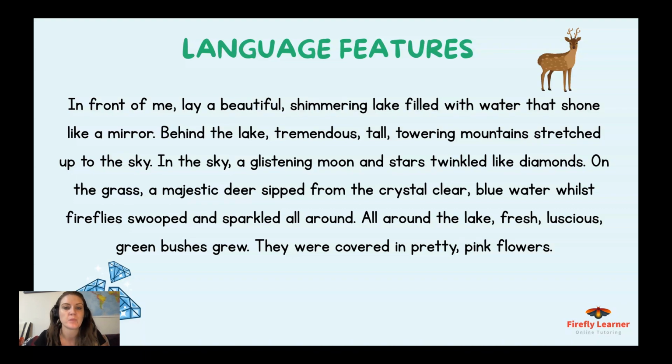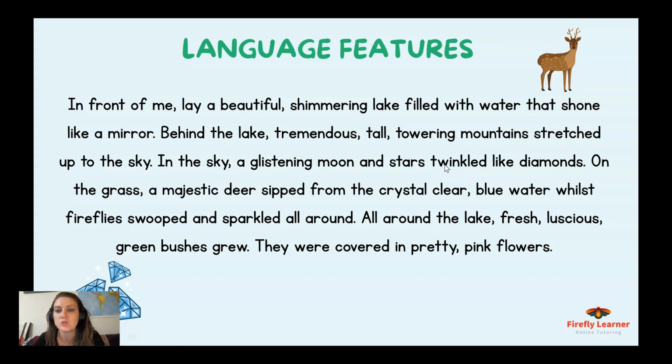So have a look at the same setting description and see if you can pick out the powerful verbs on this page. You can pause the video whilst you try and find them, and then we'll go through the answers. Okay, so our verbs, we've got lay, we've got filled with water, we've got shone like a mirror, we've got the mountain stretched is a powerful verb.